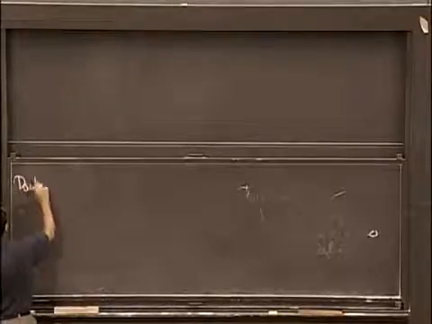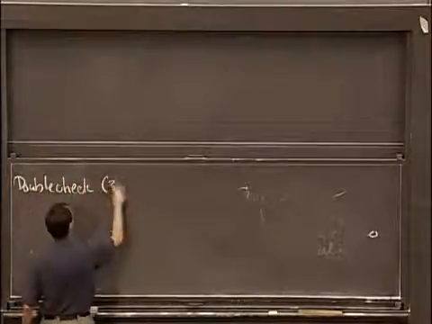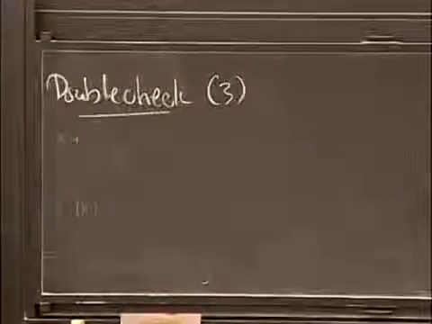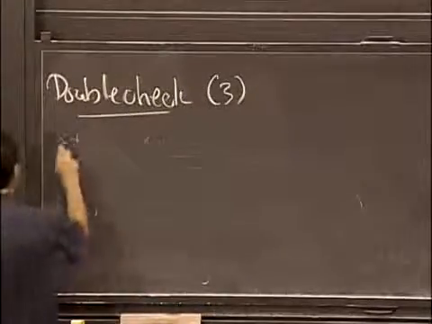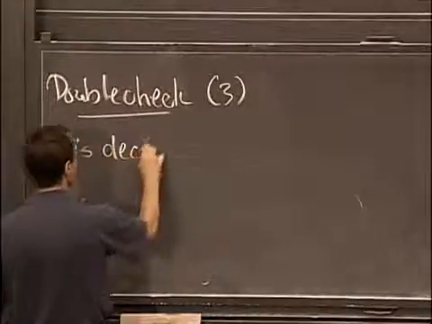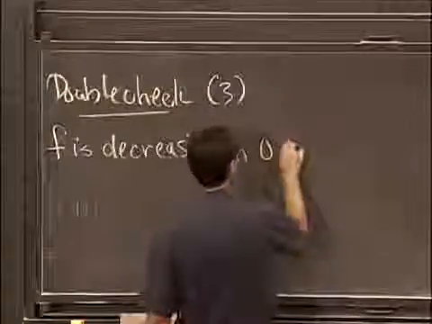Okay, so now let's again, I want to emphasize, we're going to do a double check. This is part 3, but in advance, based on this picture, I already know what has to be true: that f is decreasing on 0 to 1.